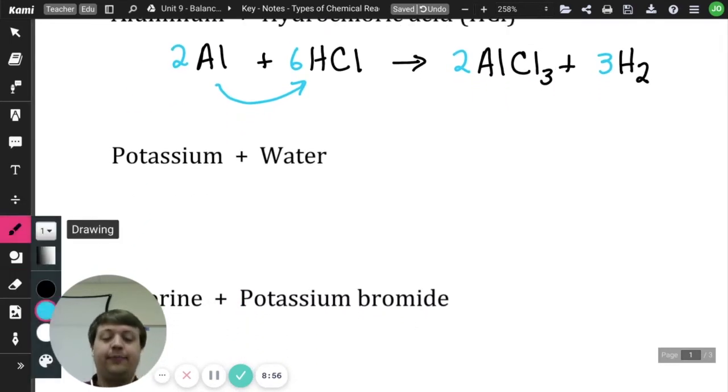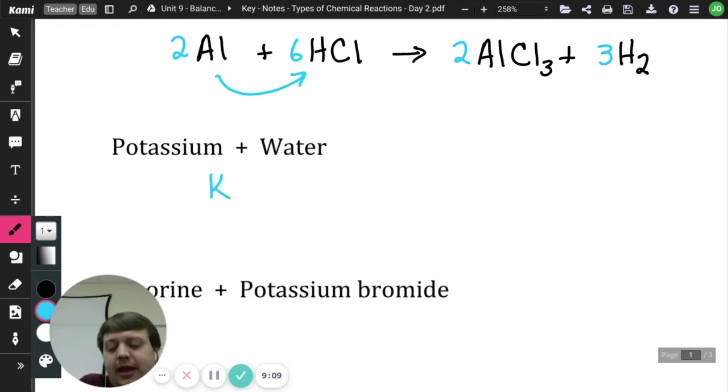All right. Next one, potassium and water. I'm going to do this one with you because, again, we've got water, and I want to remind y'all that water gets separated into HOH. So here I've got potassium and water. Now, water is H2O, but again, remember to write that as HOH.